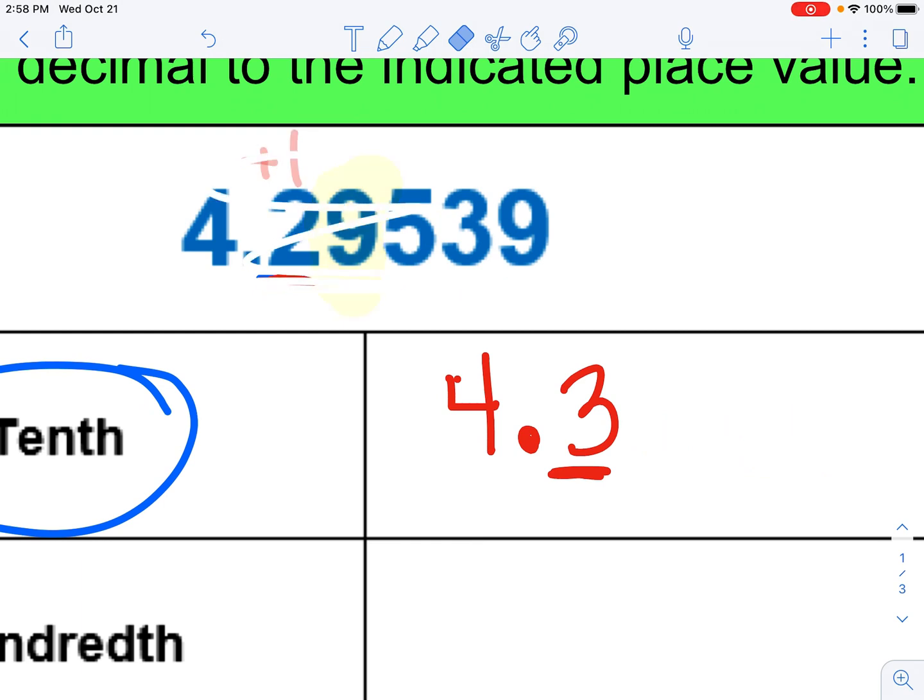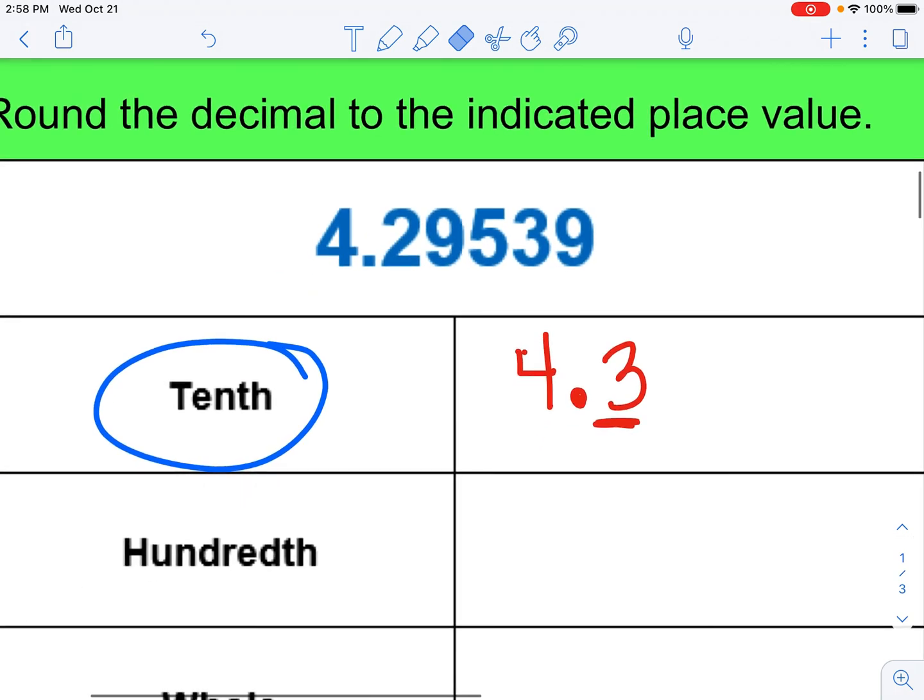Alright, I'm going to erase this and set up for the next one. Now I am doing hundredths. So my first step is to underline the hundredths place. That hundredths place is this 9 right here. After you have underlined it, we're going to highlight our digit to the right, so this 5. Is 5 4 or less, or is it 5 or more?